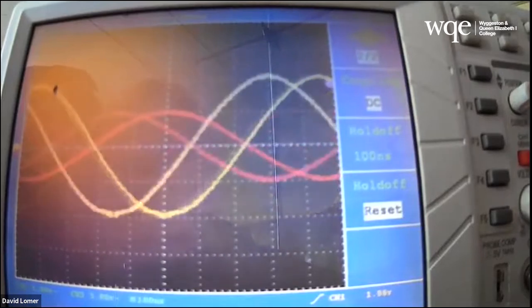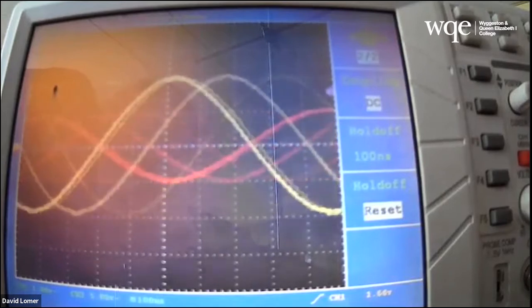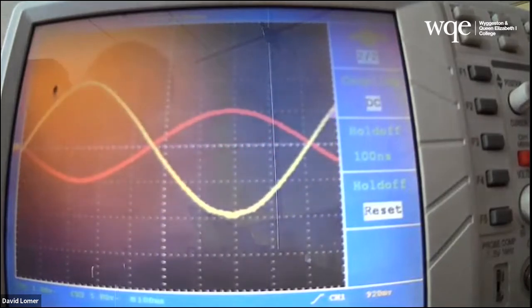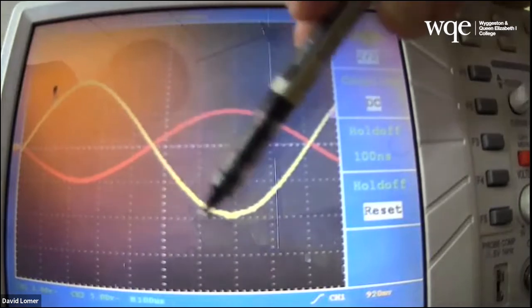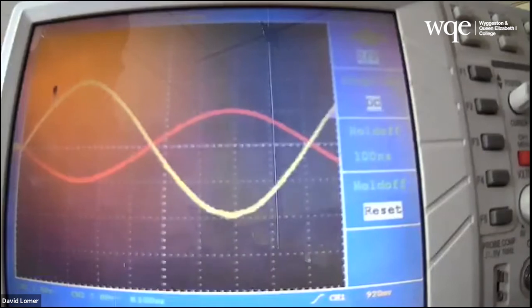Just getting the trigger waveform to stay still. There we are. And you can see very clearly that the red wave goes down, the yellow one goes up, the red goes up, the input goes up, the yellow one goes down. So that's what we call an inverting amplifier.